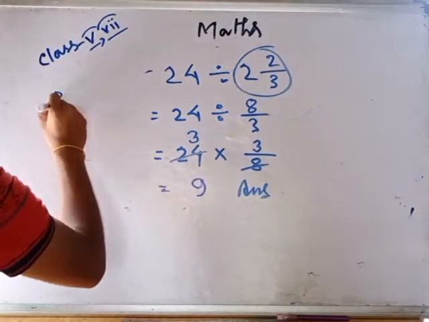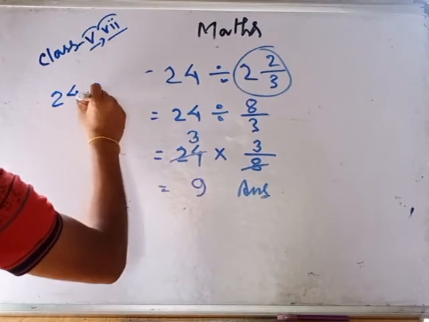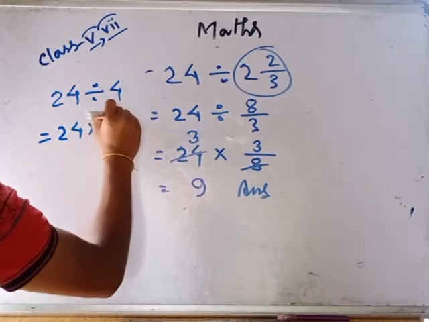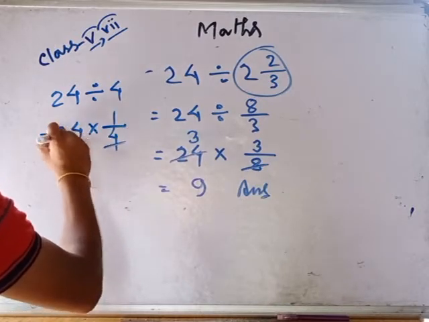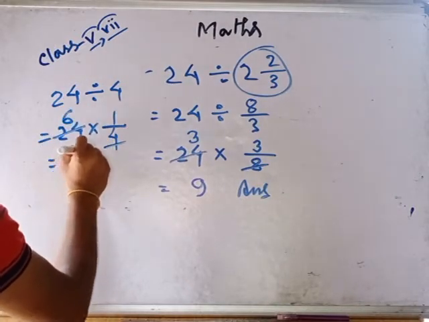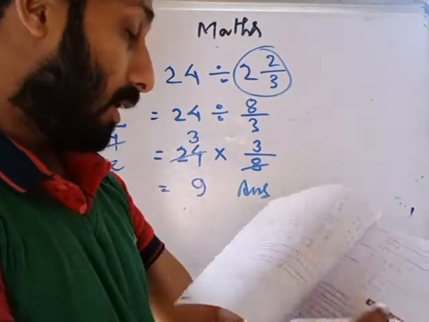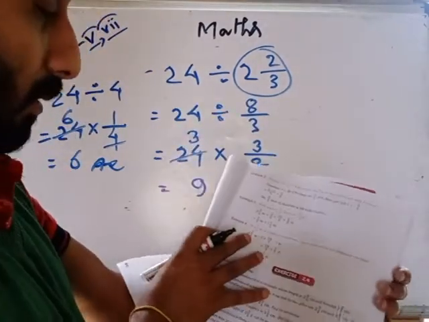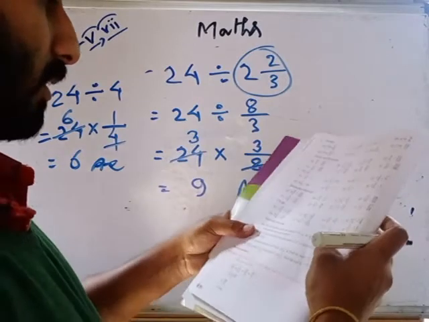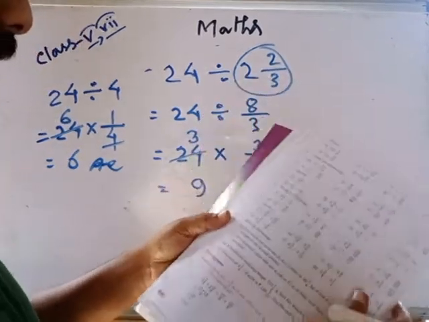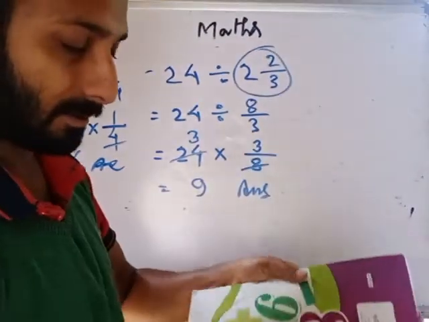If it is 24 divided by 4, that means 24 multiplied with 1 by 4. That means it is 6. So your homework is till 46 pages.